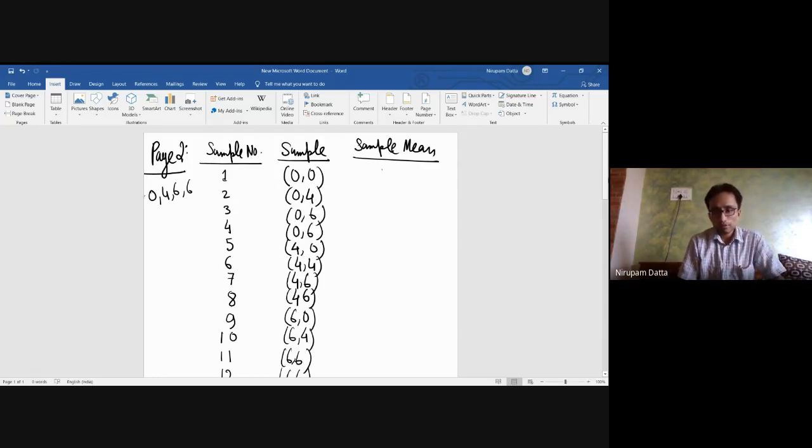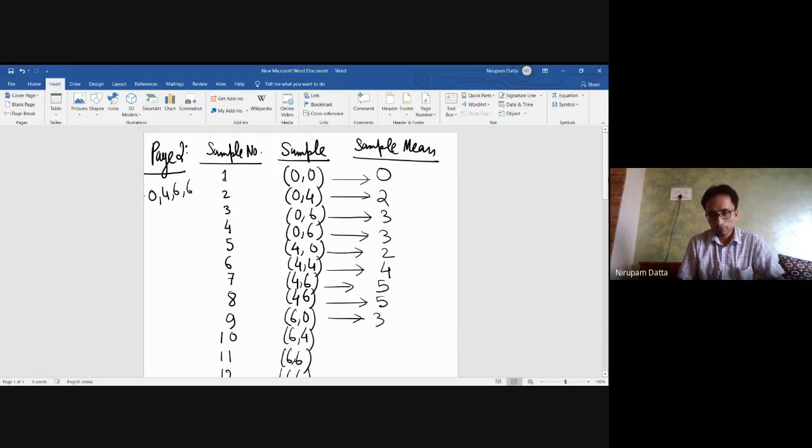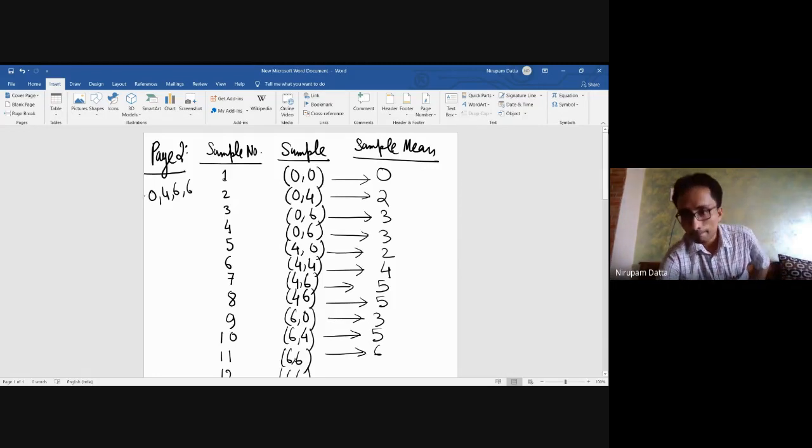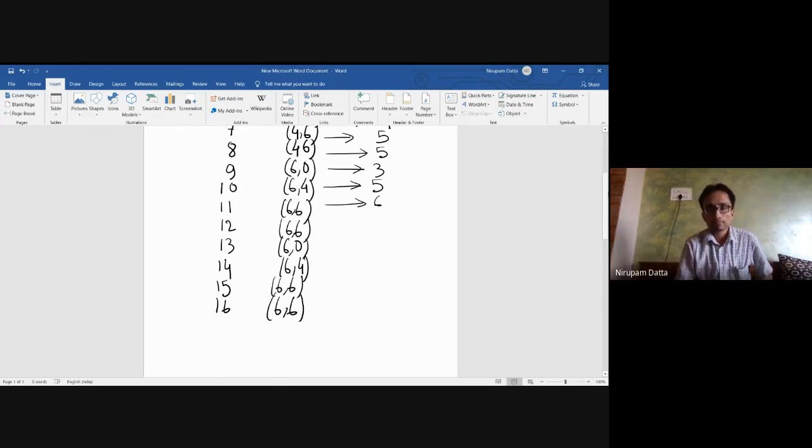Here the sample mean is 0, here it will be 2, 2, 3, 3, 2, 4, 5, 5, 3, 5, 6, 6, 3, 5, 6, 6.